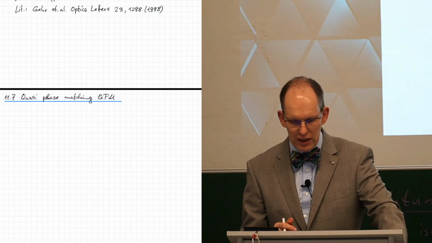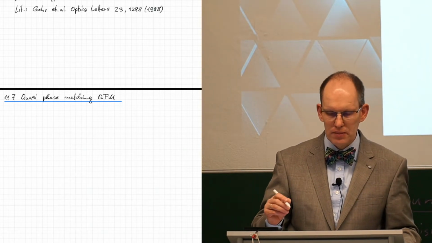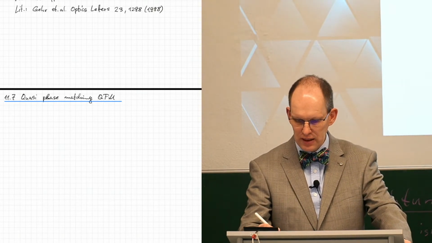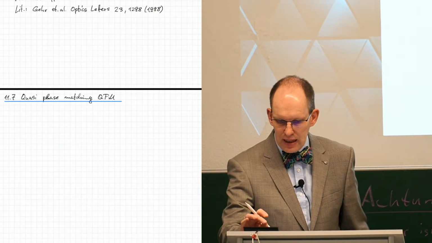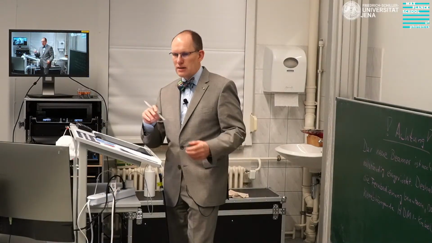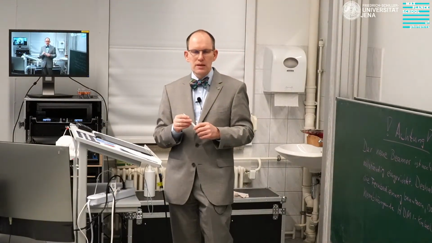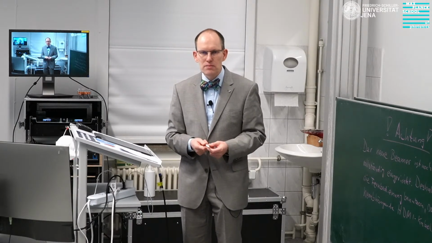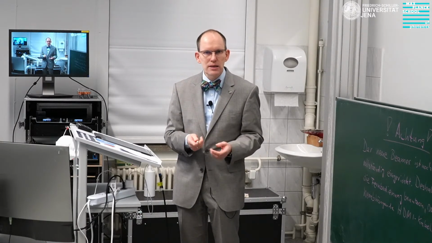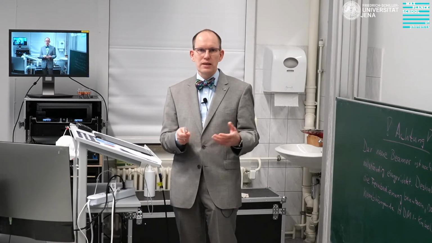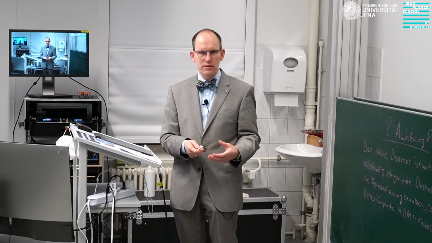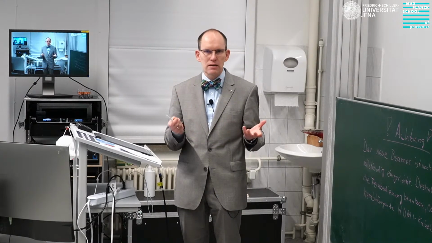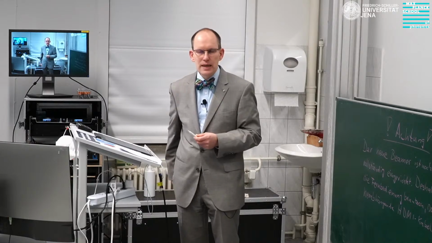Well, what are the situations where you can't do birefringent, so critical phase matching? There are a few of them. So the first one would be that you have an interesting nonlinear medium, say gallium arsenide, but that this crystal is not birefringent. Then you have a problem.